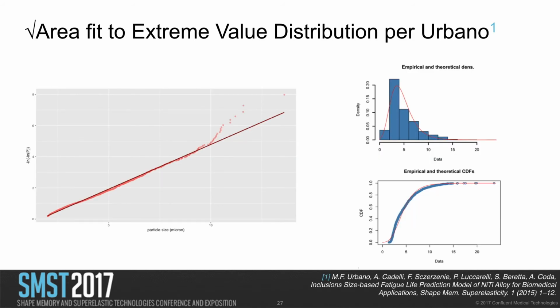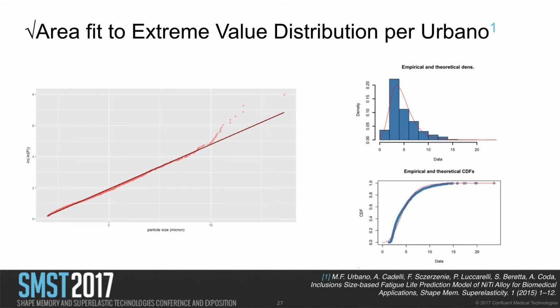So to distill this down a little bit further, we need to introduce some statistics into the mix. Folks at SAES had a great paper in the SMST journal a couple years ago that looked at inclusions in a variety of different Nitinol materials and found that they tend to follow an extreme value distribution in terms of their size.